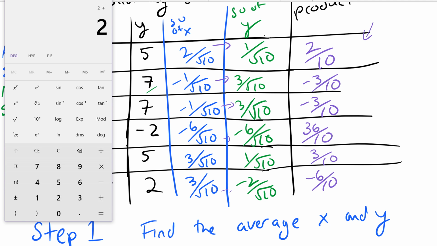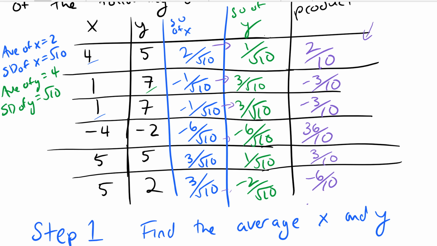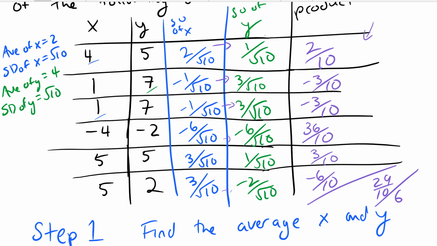Let me try this again. 2 minus 3 minus 3 plus 36 plus 3 minus 6 is 29. So the total of this column is 29 over 10, and then we want to divide by 6.